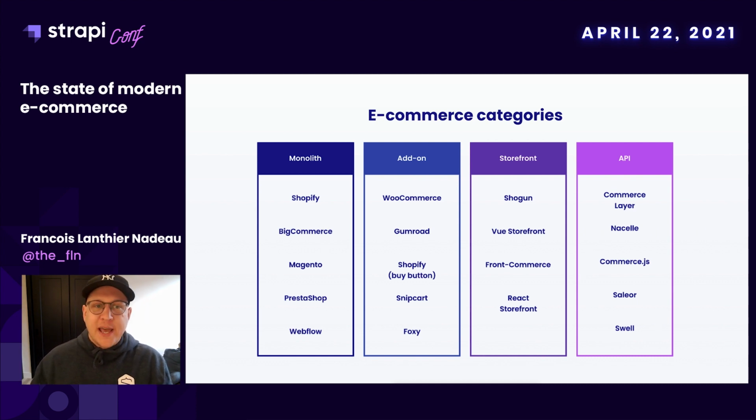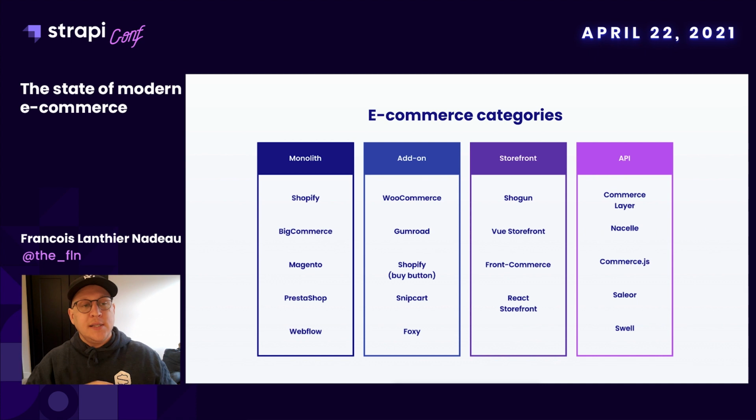Add-on is another category that's quite popular and that has a longer track record, in which you can find solutions like WooCommerce, Gumroad, Shopify's Buy Button, Snipcart, Foxy. The storefront is a newer category in which you can find solutions like Shogun, Vue Storefront, Front Commerce, React Storefront.